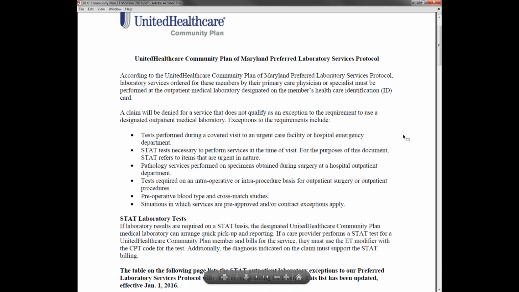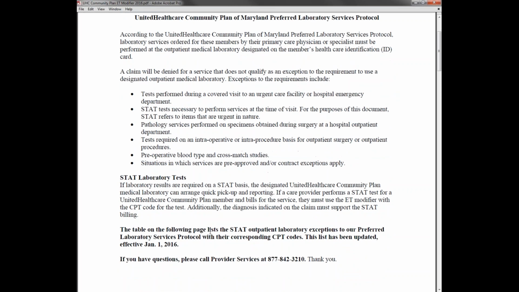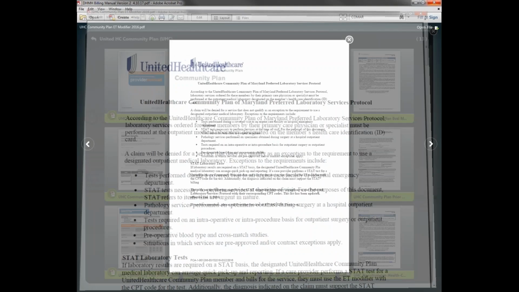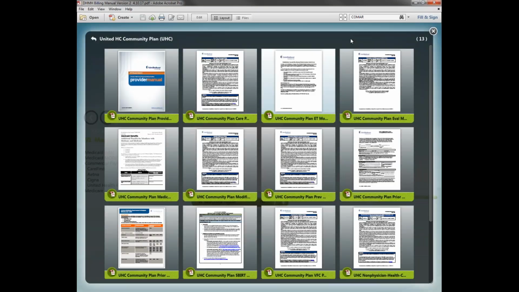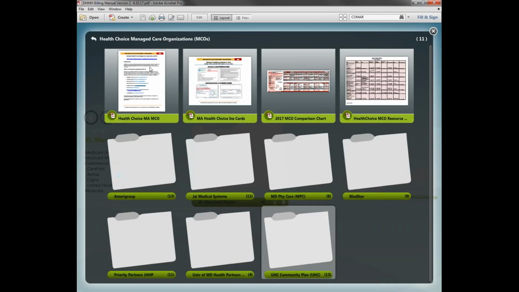In order for you to get paid for your in-house lab tests, like your wet mounts, a stat strep, a stat HIV test, or urine dips, you would have to have an ET modifier attached to that particular lab code in order to get reimbursed from United Healthcare. That's the only insurance company that requires that. Again, this is additional information about what they offer to the patient.